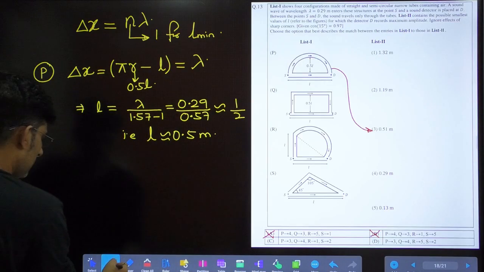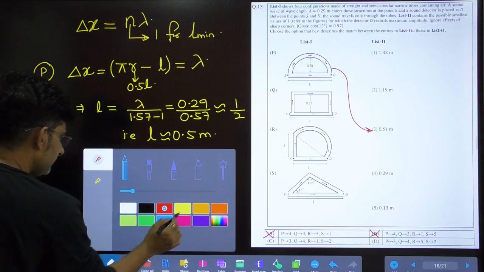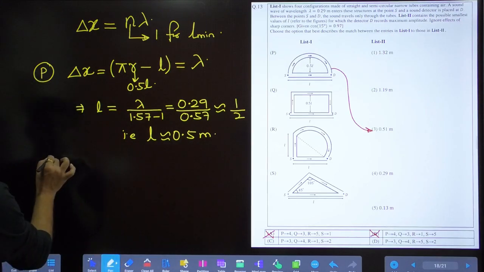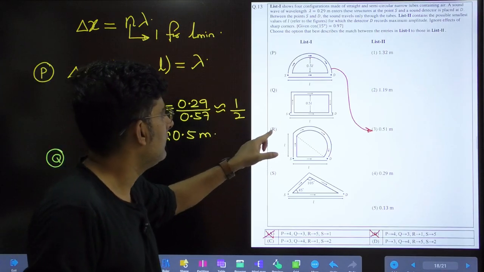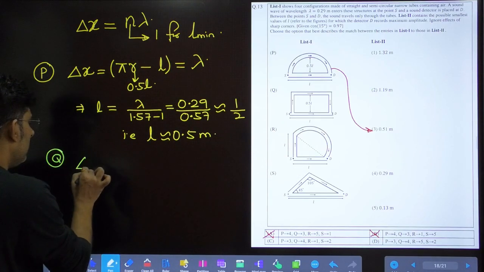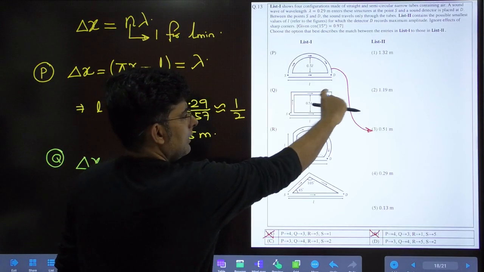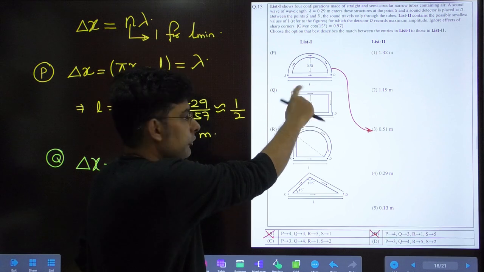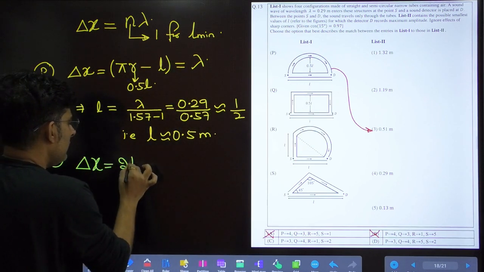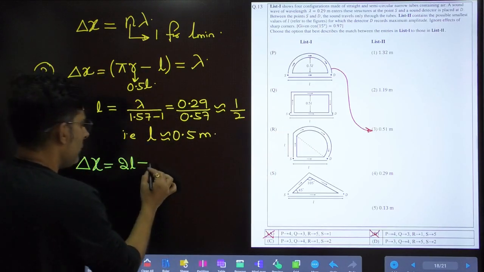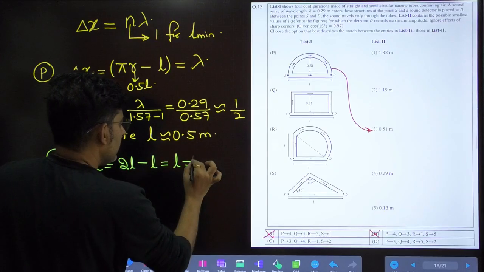Now let's see the next one, which we have over here is for Q. Now if we talk about Q, in this case you have the path difference to be taken. If you see delta x, this length will be how much? 0.5 L plus 0.5 L plus L, so we have 2L, minus this length, which is L. So path difference is simply L. And L is to be equated to lambda.